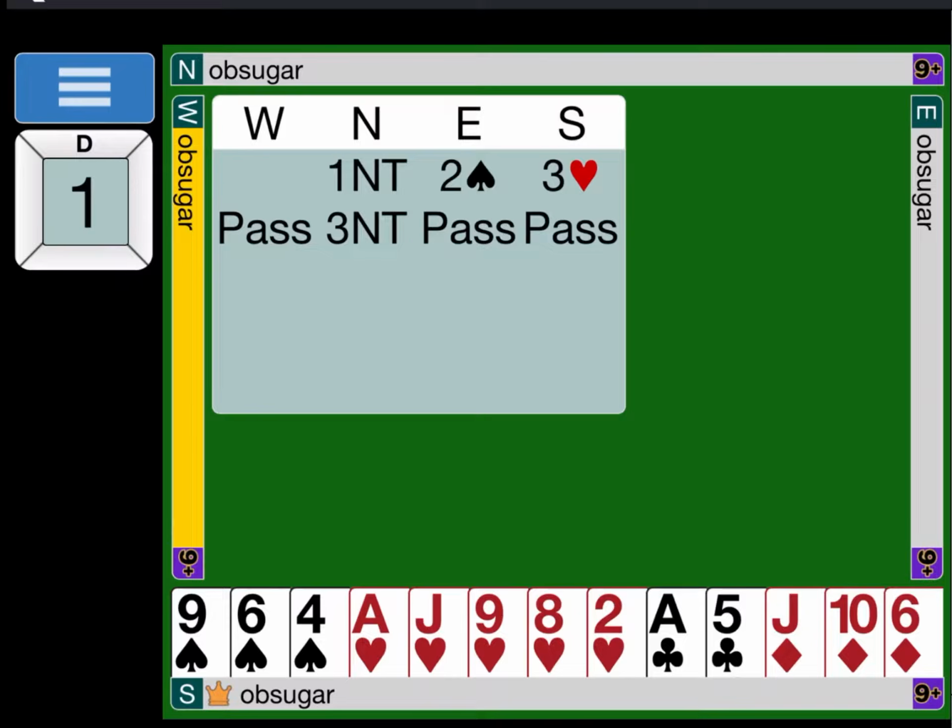Texas transfers are still on. If you had a 6-card suit here, for heaven's sakes, bid 4 diamonds. There's no requirement you use Lebensohl here. If you had a Texas transfer hand before they bid, you have a Texas transfer hand after they bid. Absolutely. Thank you, Ellen, for that.